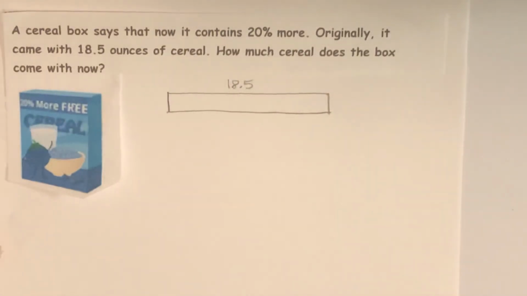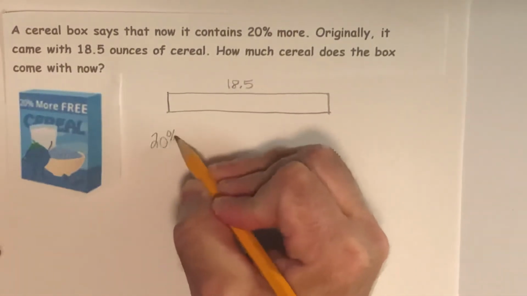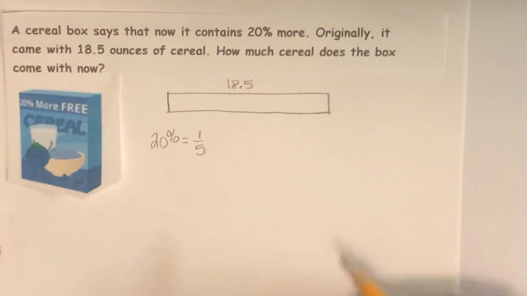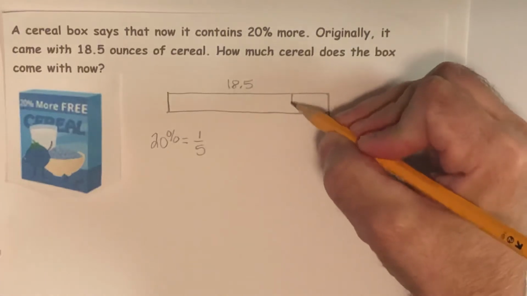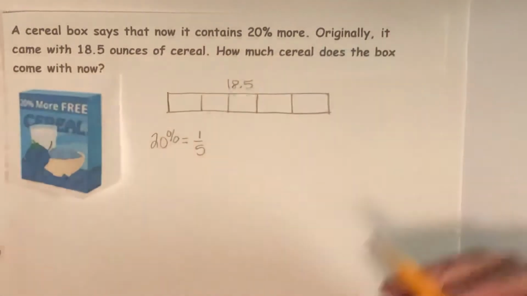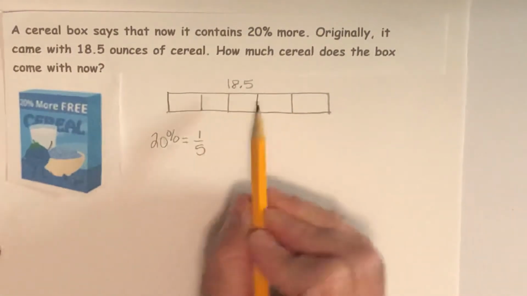So first and foremost, I need to find what is 20% of this 18.5. Well, I know that 20% is equal to 1/5. So I'm going to split this whole into 5 equal parts. 4 lines makes 5 parts. Now, if I split this into 5 equal parts, I need to know how much each part is.